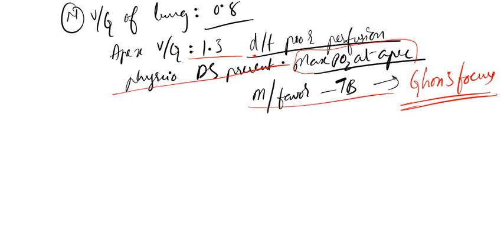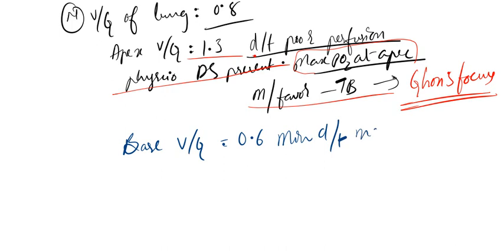Now if you ask me what is the VQ ratio at the base of the lung, it will be something like 0.6, right? Why is it minimum? Due to maximum perfusion. Here there is poor perfusion at the apex, so it is maximum VQ. Here it is minimum VQ. Why?